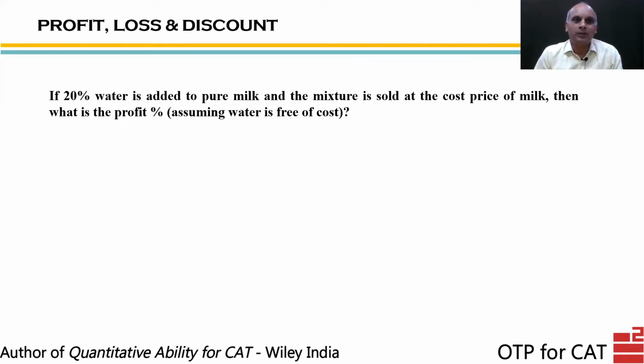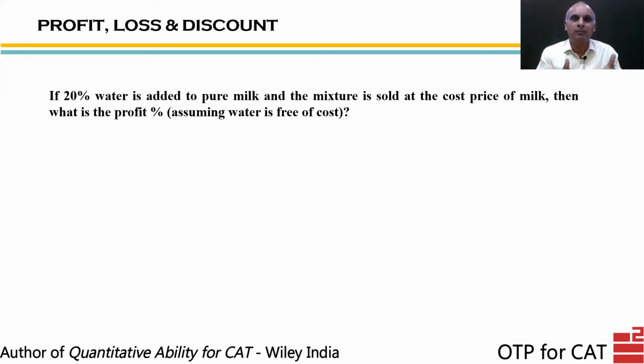Now, first part of the question says 20% water is added to pure milk. Let's interpret this. Does it mean that in 100 liters of milk, we are adding 20% water, means 20 liters of water to make the volume as 120 liters, which has 100 liters milk and 20 liters water?